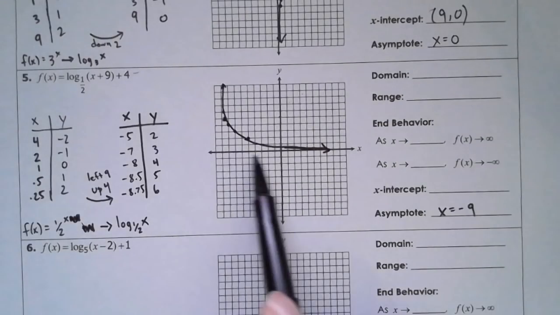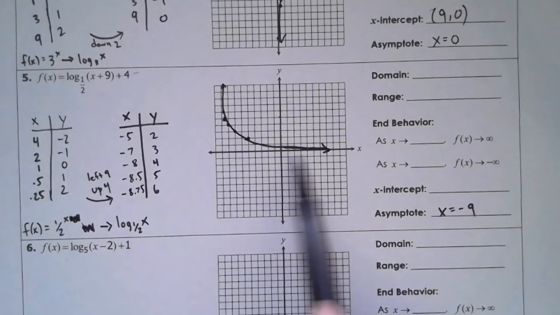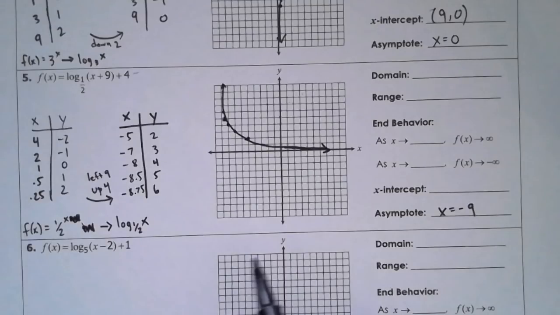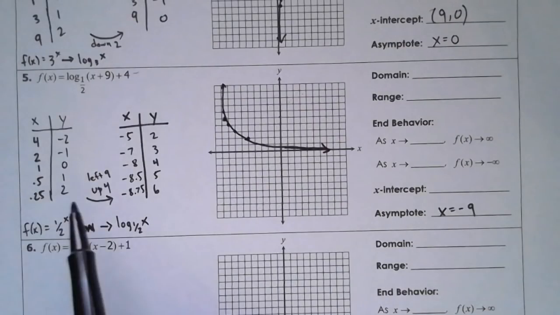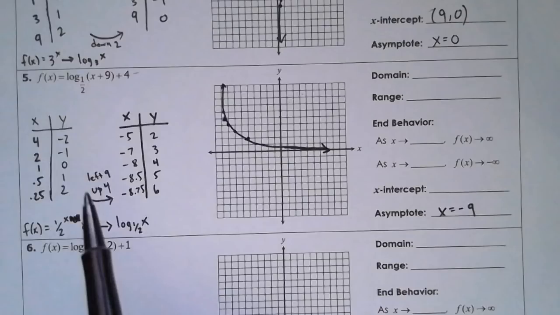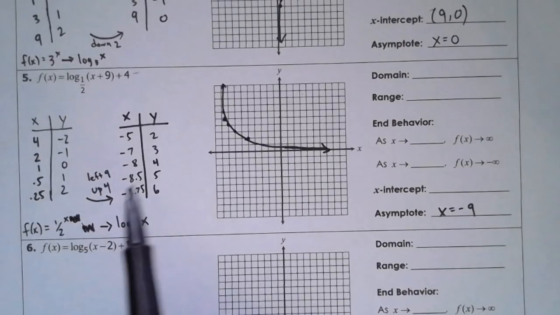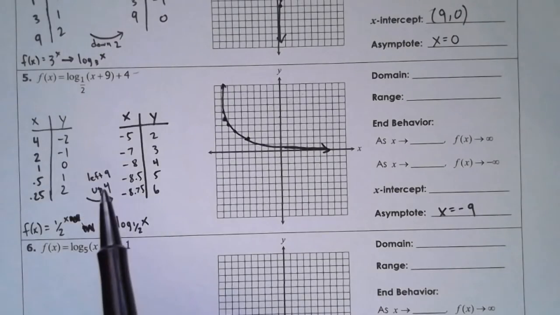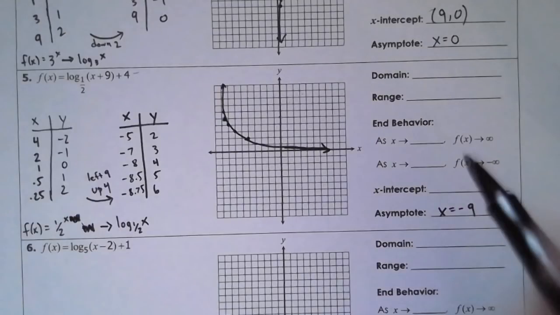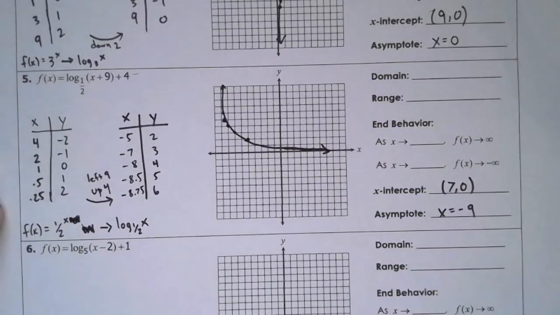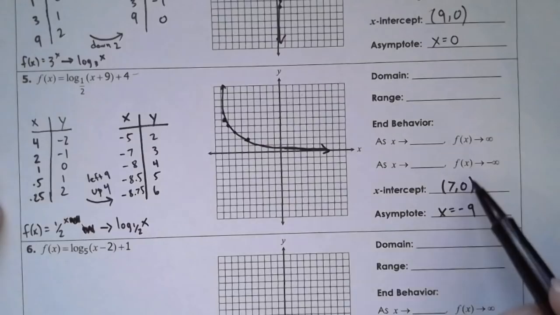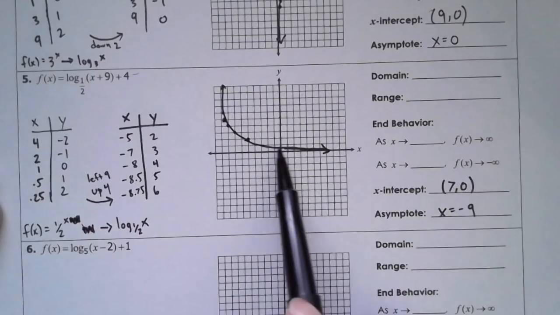So one way you could go about this is maybe just backtrack and then see which the inverse points, 0, 7, which one would be 7, 0 for your x-intercept. And then as f of x goes towards -infinity here, okay, x has to go towards the positive infinity side.